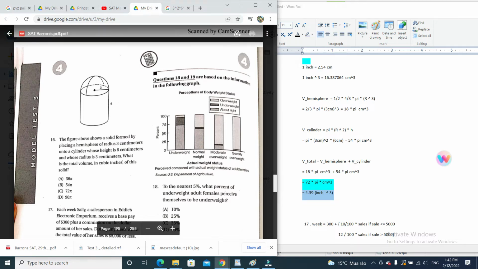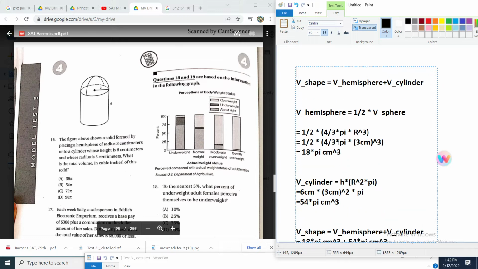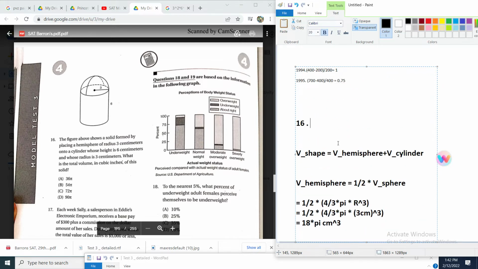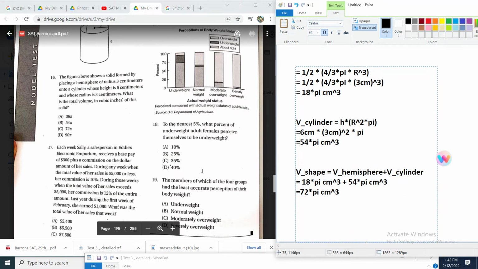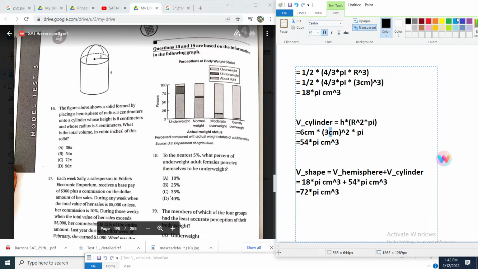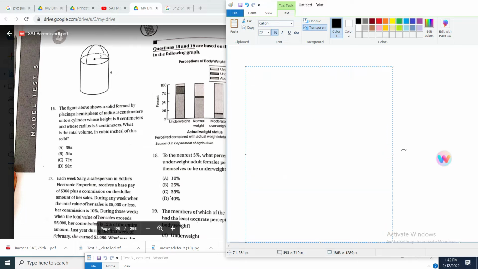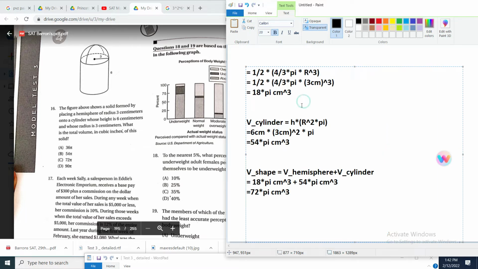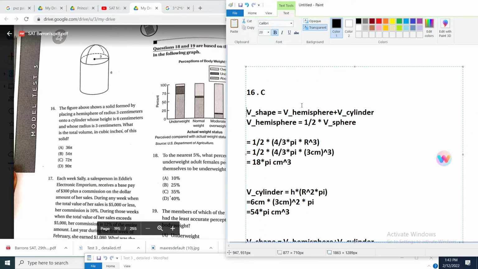If it's multiple choice, we're still going to answer C, because there's 72 pi in the answer choices and we have 72 pi, so that's probably the better choice. So 16 is actually C. They asked about inches, but maybe that's a typo there.